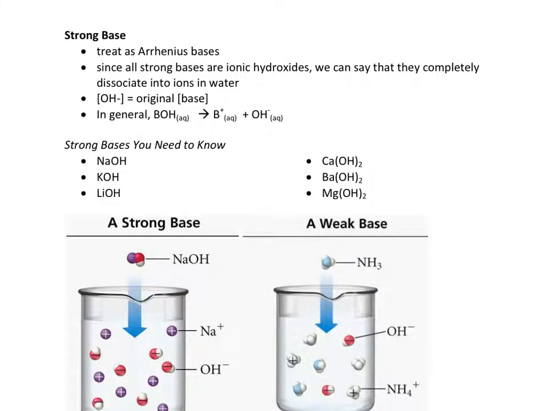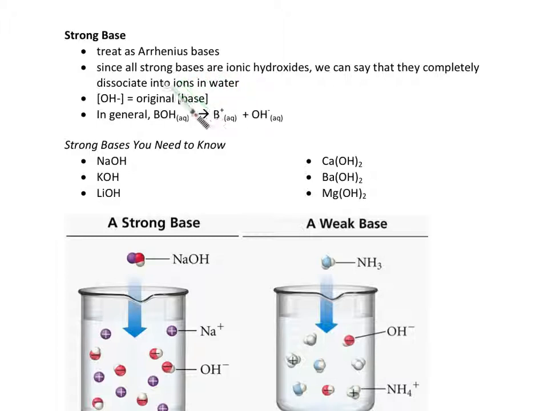Now, with the acids, we can use either the Arrhenius theory or the Bronsted-Lowry theory to talk about the way that an acid behaves in solution. But for a strong base, we really do want to focus on treating them as Arrhenius bases. And what I mean by that is the definition of an Arrhenius base is a substance that dissociates to produce hydroxide ions in solution.